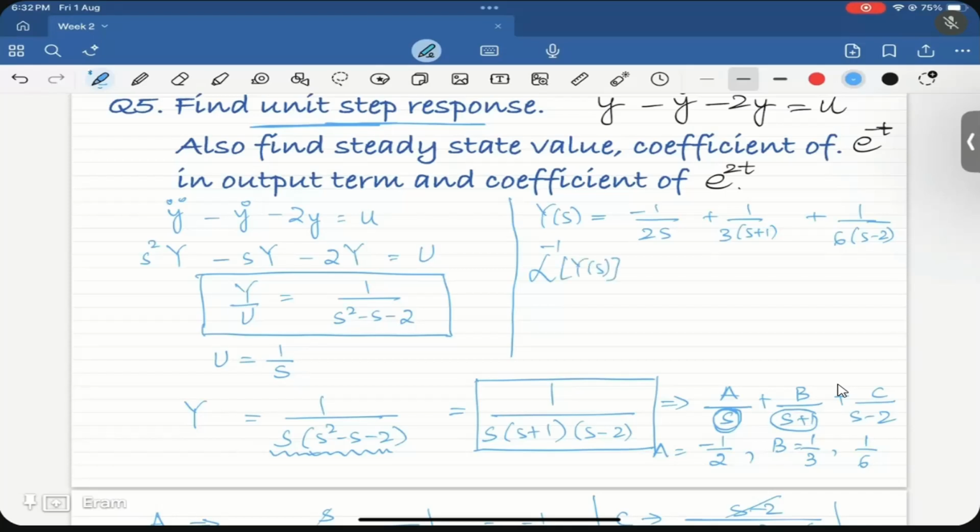Now it is very easy. What is the inverse Laplace of 1 by s? 1. Just 1. And we have the factor minus 1 by 2, so multiplied with minus 1 by 2. What about this term? 1 by 3 into e power minus t. Okay, what about this? 1 by 6 into e power 2t. We have s minus 2 here, so it will be 2t only, right?